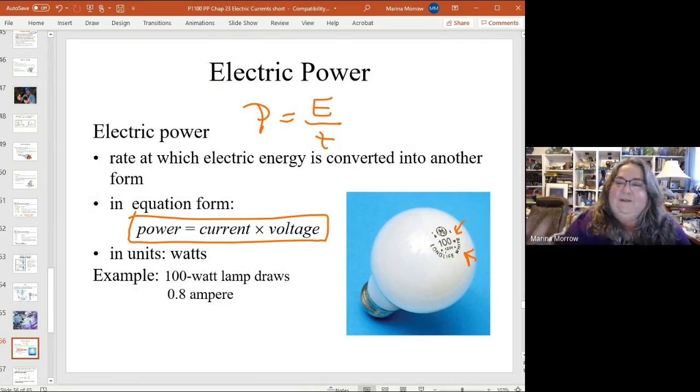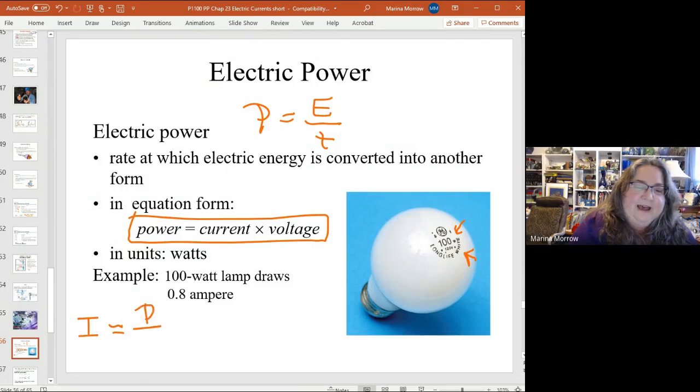So we can find out how much current this light bulb is drawing. Since power is current times voltage, then current is going to be power divided by voltage. And so our power is 100 watts.